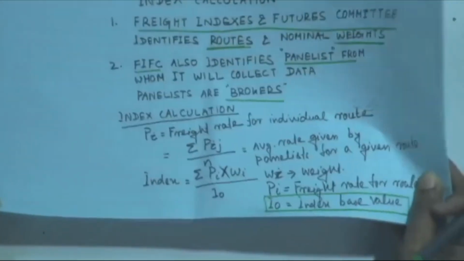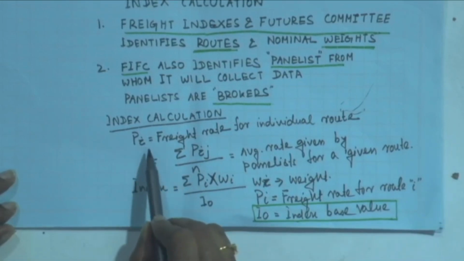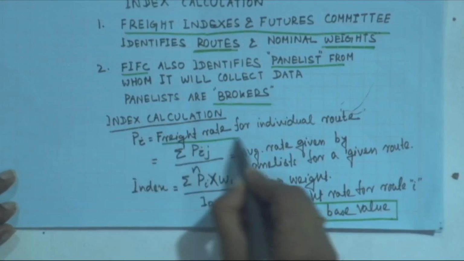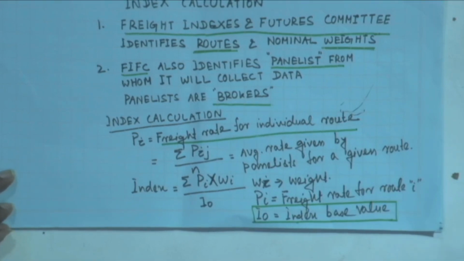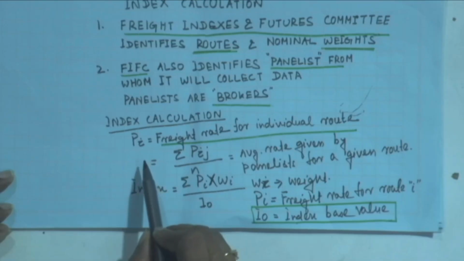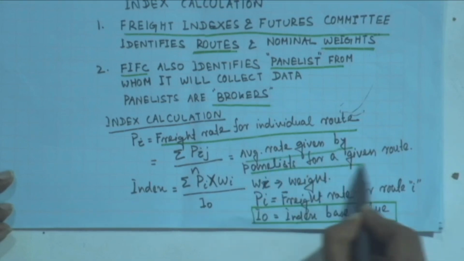Now, how exactly is the index calculated? It is a simple calculation. You have Pi, the freight rate for an individual route. But for an individual route, let's say out of 10 panelists, the exchange received quotation price information from 7 panelists. Then this Pi is nothing but the average rate given by the panelists for that route.